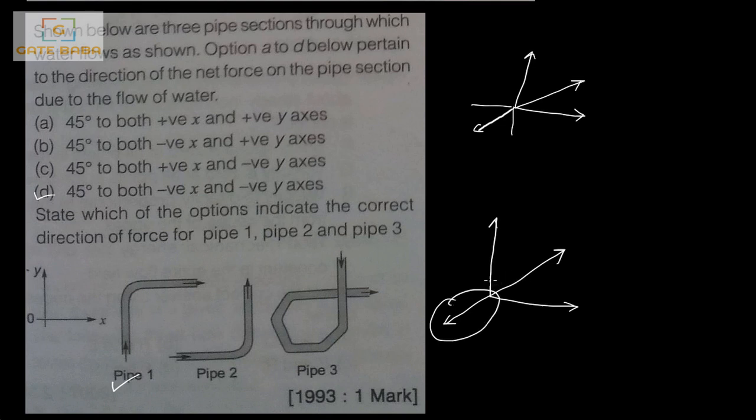Here they are asking for the pipe force. Okay, how much force the pipe is going to feel, that you have to find. That is the resultant of the net force, the net reaction. That is again the negative x-axis and negative y-axis. So the option for pipe 2 is also option D. And for the pipe 3 case, the force is in this direction, horizontal force, and the vertical force is in downward direction.